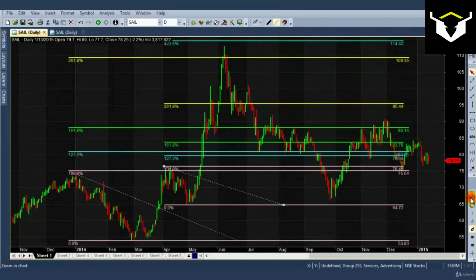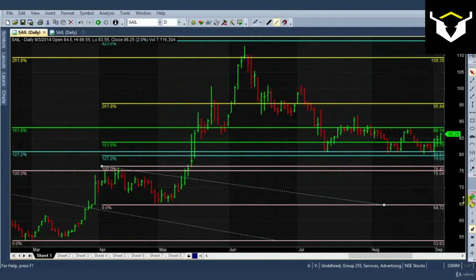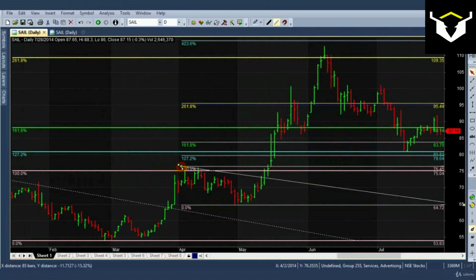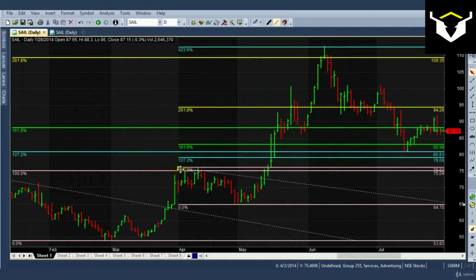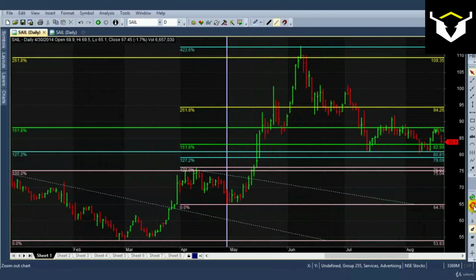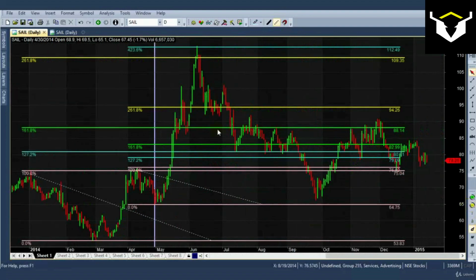We'll zoom into it, and take correct values here and here. Zoom out, and bingo. You can see prices terminated exactly at the level of 423% of this minor correction.